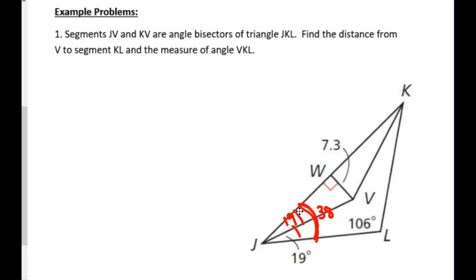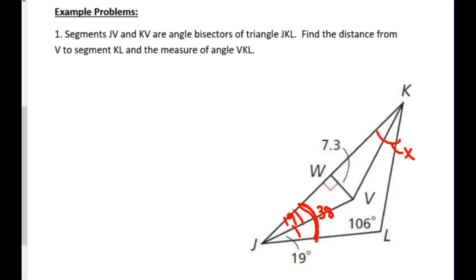Okay. So could you figure out VKL if you know this angle is 38 and this angle is 106? What do they always add up to? Triangle sum theorem says they always add up to 180 degrees. So I'm going to write that as an algebraic equation. This angle I'm going to call x. Okay?